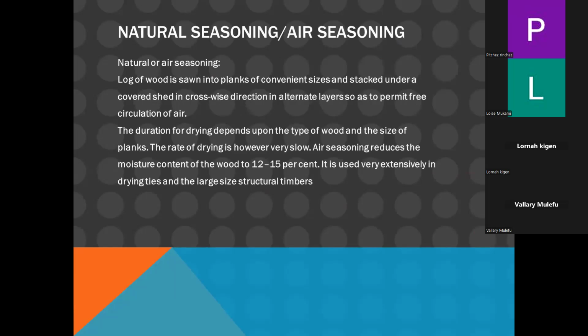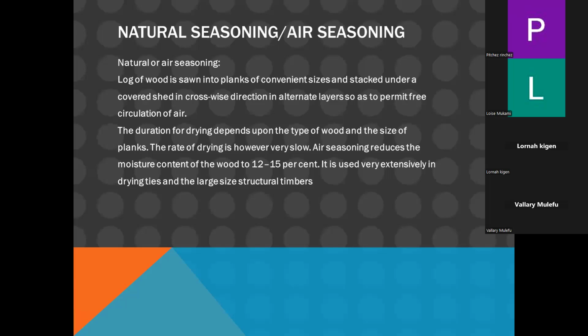There are 2 methods of seasoning of timber, that is the natural and the artificial seasoning of timber. We are going to discuss natural seasoning, which comprises, number 1, air seasoning. In air seasoning, we have to cut the timber into logs so that we make them into planks of convenient sizes.